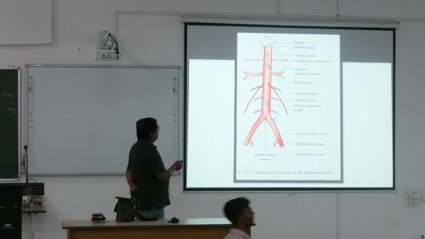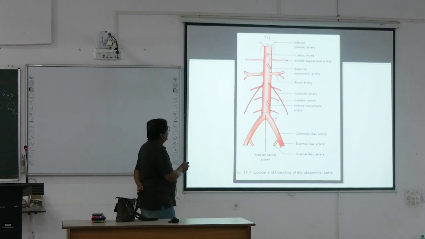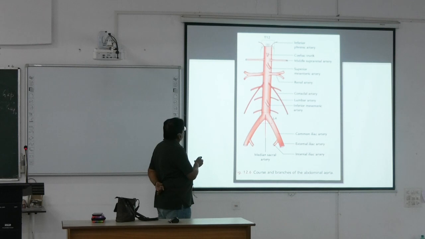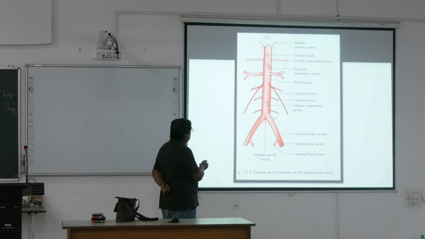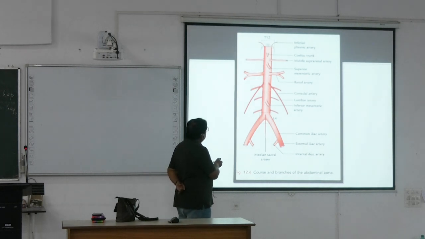And you will see in the dead body, you read it, and then the celiac trunk, the middle suprarenal artery, superior mesenteric artery, this is the right renal artery, this is the lumbar artery, inferior mesenteric artery, and common iliac.